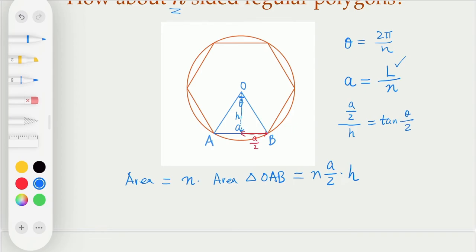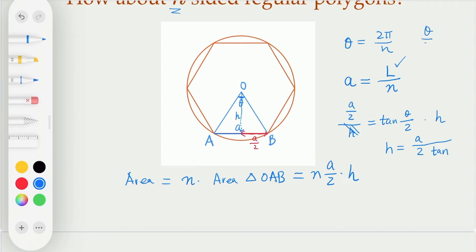So in other words, h equals A over 2 divided by tangent of theta over 2.